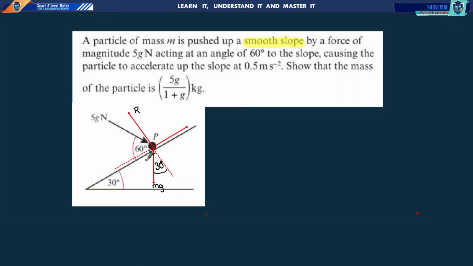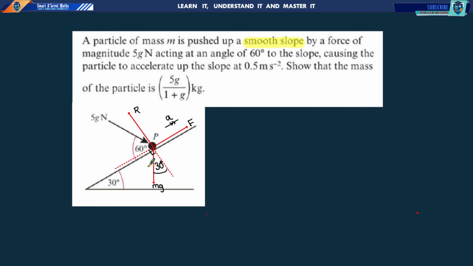If you wish, we can also place our 60 here, but I don't want to overcrowd my diagram. Then this body is accelerating upwards, so we can indicate our acceleration in the direction in which the body is moving at this force F.